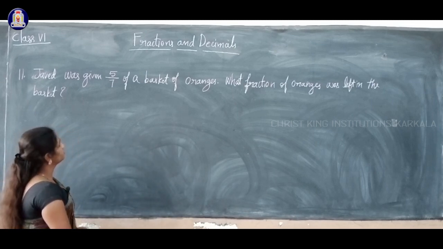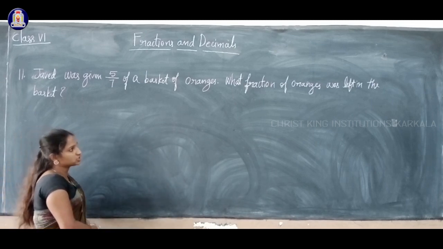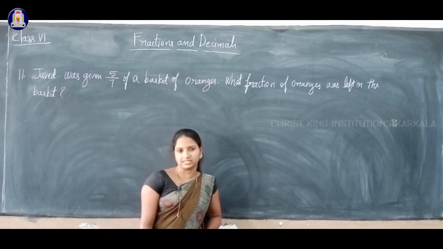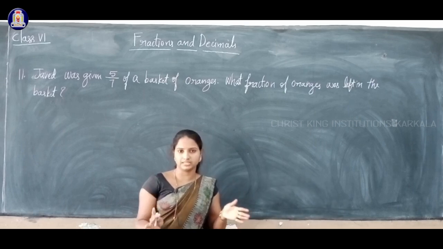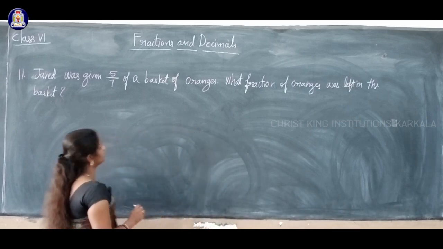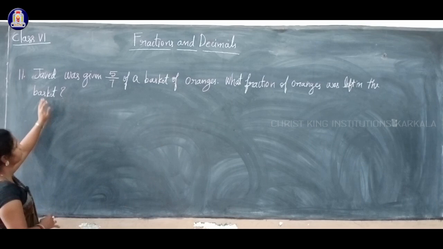Clear? Now we don't know how many oranges are there in the basket. So we will consider one full basket. It contains oranges, full oranges are there in the basket. Now we have to imagine.